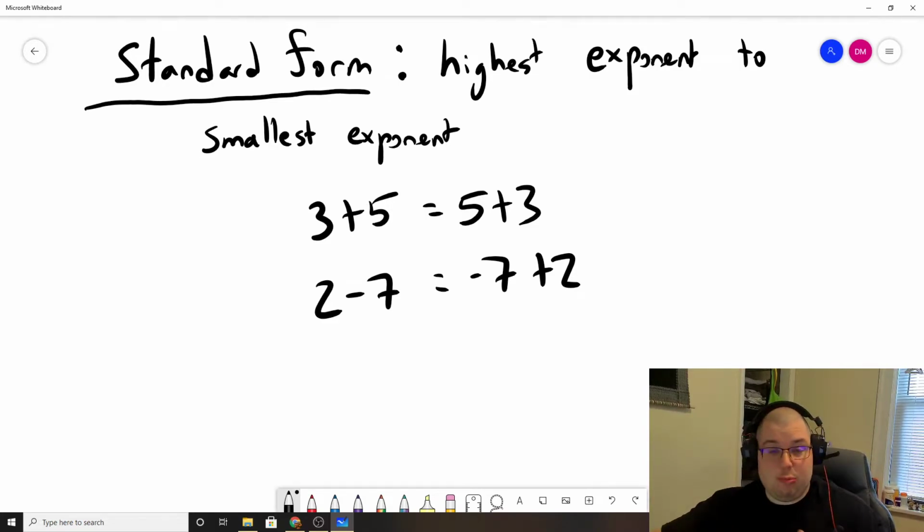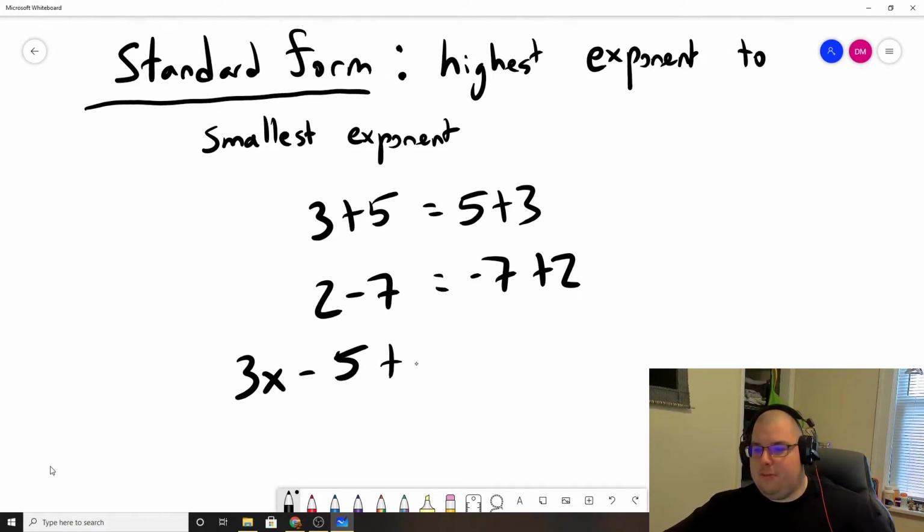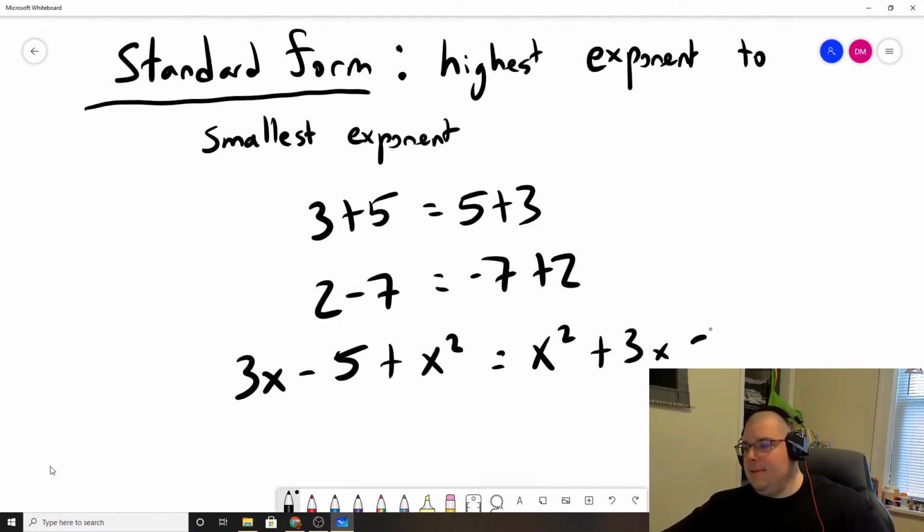We could do this with polynomials as well. For instance, 3x minus 5 plus x squared is the same thing as x squared plus 3x minus 5. The order doesn't necessarily change the polynomial, but for us, it's going to change what we're looking at first.